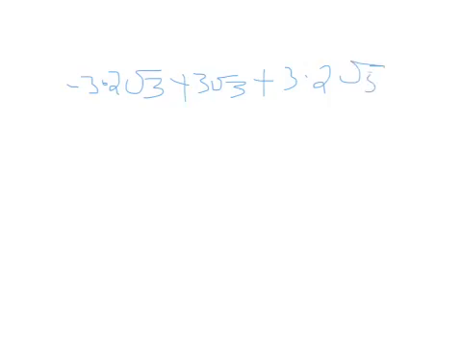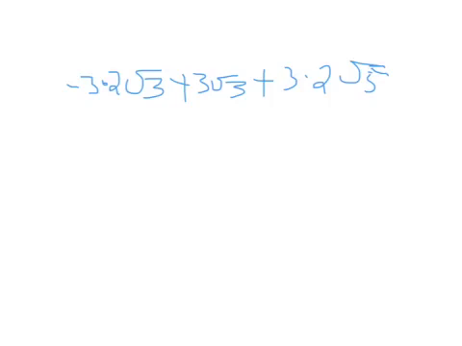Now that we simplified, I can go ahead and write down my simplified equation, which was -3 times 2 radical 3 plus 3 radical 3 plus 3 times 2 radical 5. Now I have to multiply what's outside of the radicals.